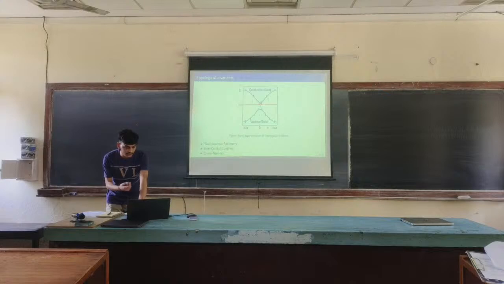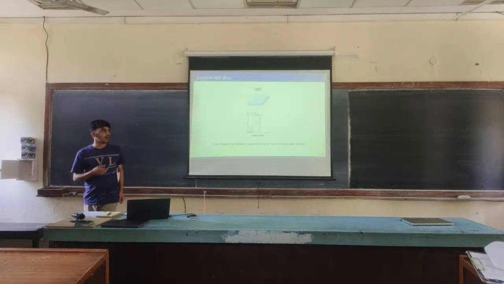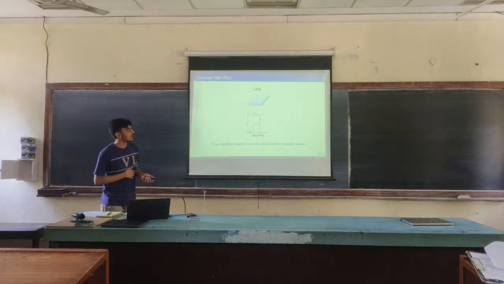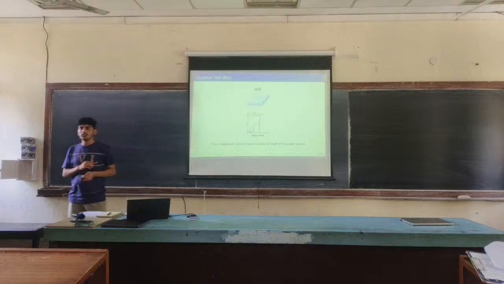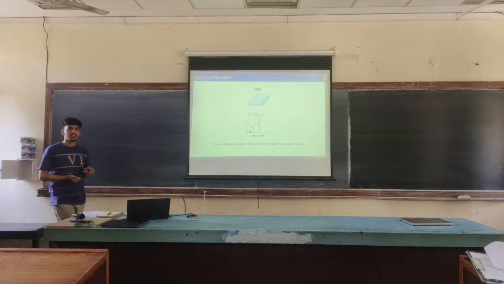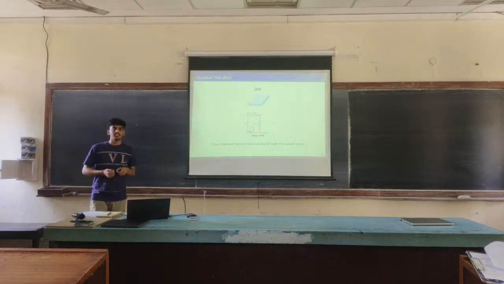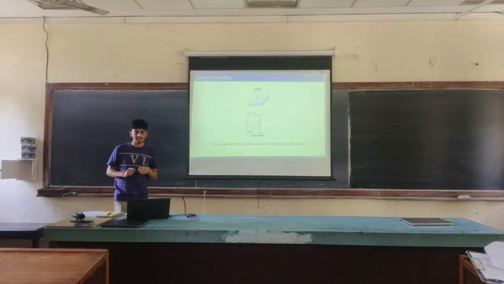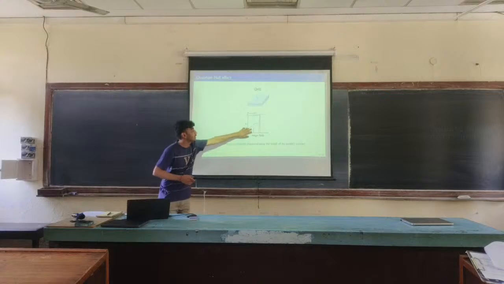I will demonstrate further. First I need to demonstrate how the quantum Hall effect leads to topological insulators. When electrons move in 2D, and if we apply a high magnetic field in the low temperature region, then the resistance shows very interesting behavior. Here we can see the longitudinal resistance is sometimes 0 and sometimes non-zero.